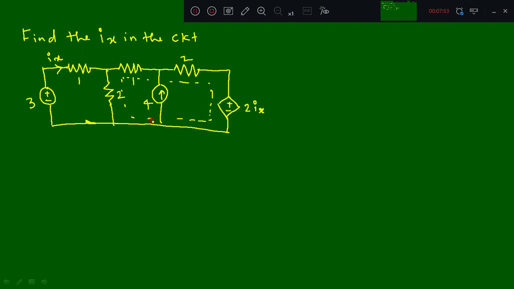First, when we assume the loop currents, it is x, here it is y, and here it is z. The z is in the opposite direction to y. So in the super mesh we can assume that z minus y will be equal to 4. So the first equation is z minus y is equal to 4.